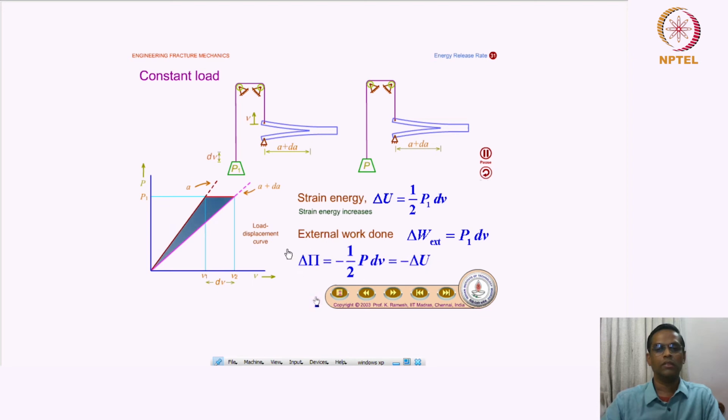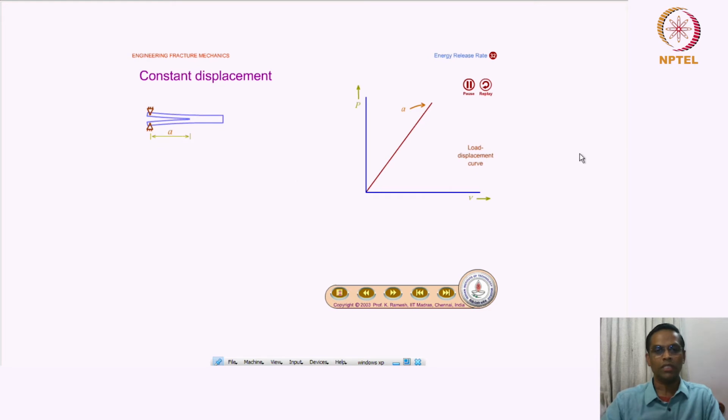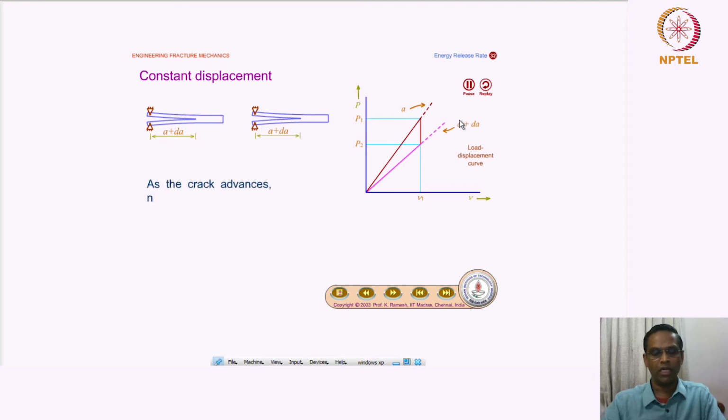So the delta pi is minus delta U. So you can get it like this, and similarly for a constant displacement, again you will see this. A good idea to recall these very nice and important concepts of calculating the strain energy.